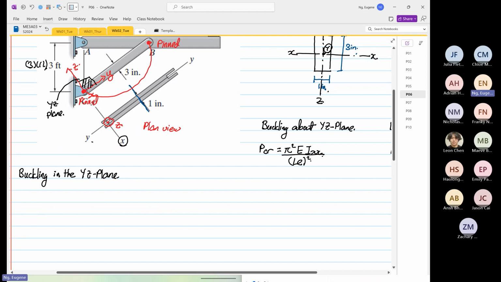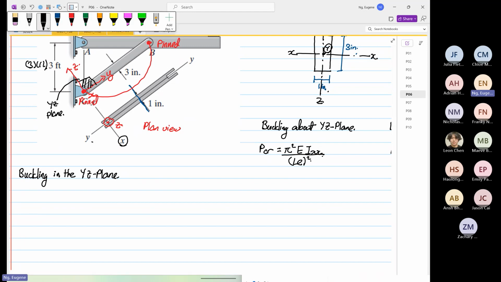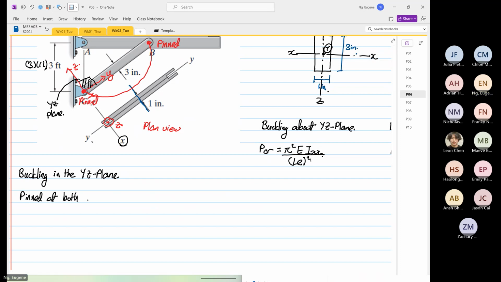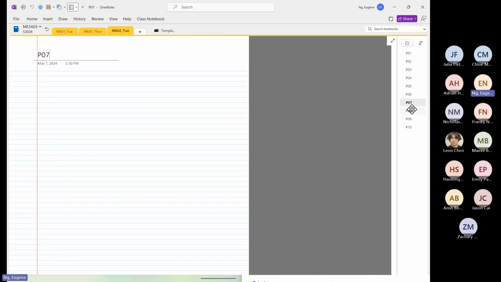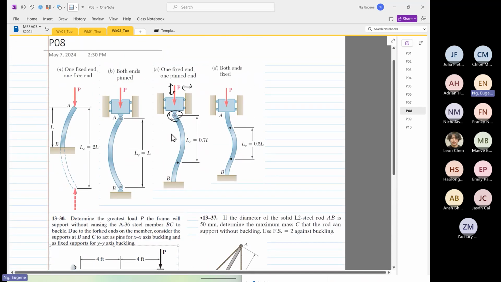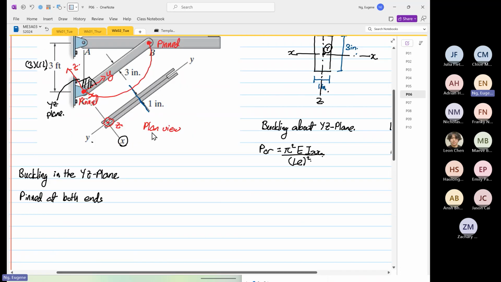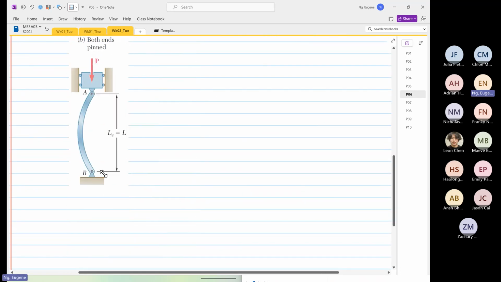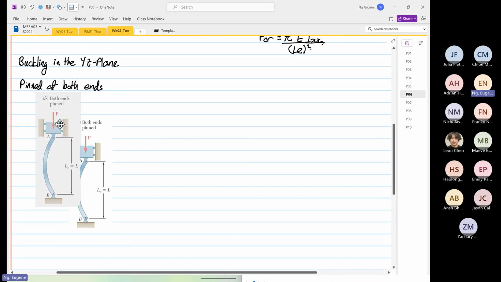Okay, in the XY plane, we know that it's pinned at both ends. So when it's pinned at both ends, what will happen? Okay, this is the diagram that you should look at, right? So this is the most important thing, both ends are pinned.